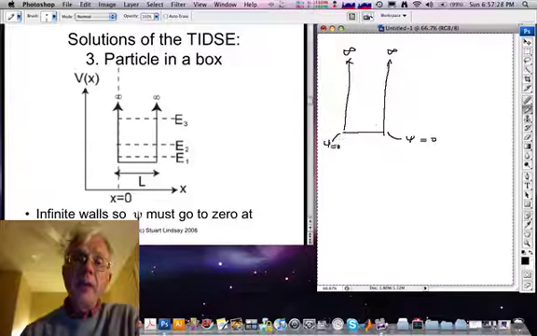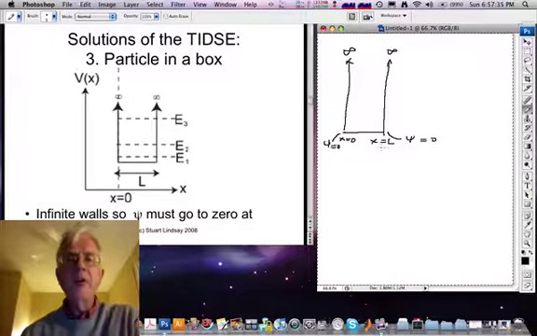And this means that at x equals 0 and x equals L, just inside the box, the wave function must also be 0. So we cannot use our exponential function here. We need a function that goes to 0 at x equals 0 and x equals L.